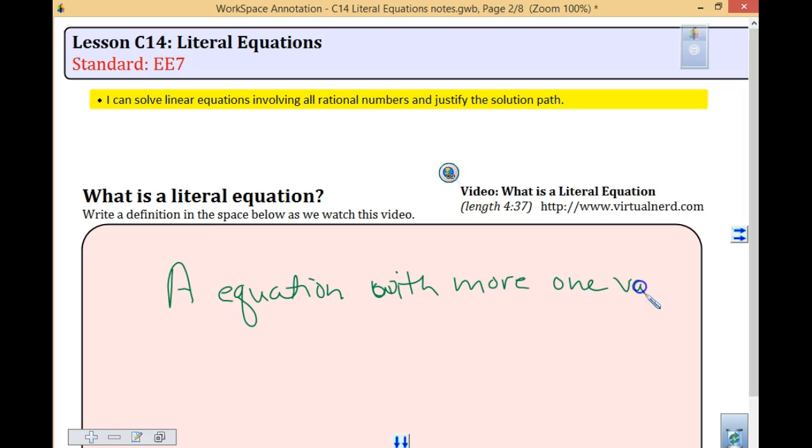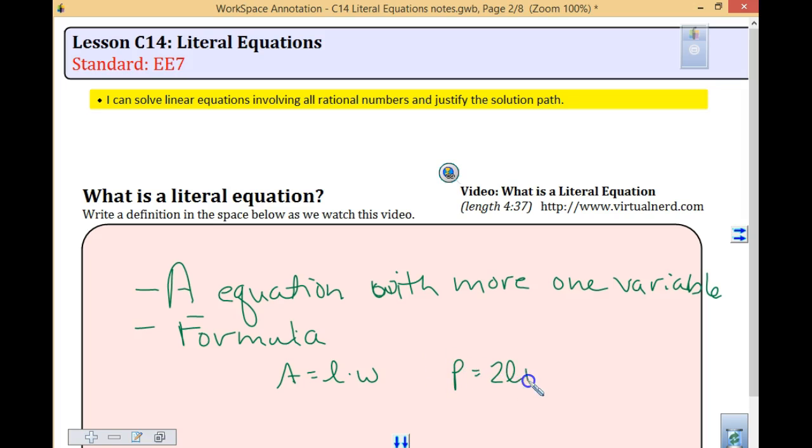They said the most common ones are actually formulas, right? The most common literal equation is your formula. And they gave you some examples, right? They gave you A equals L times W. They gave you perimeter was equal to 2L plus 2W.